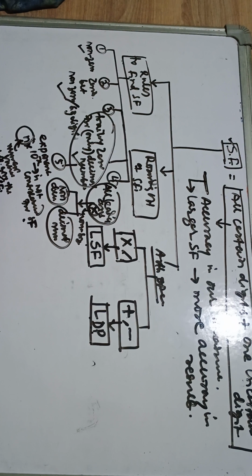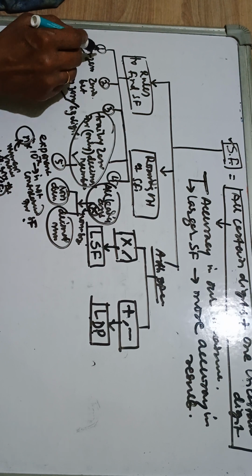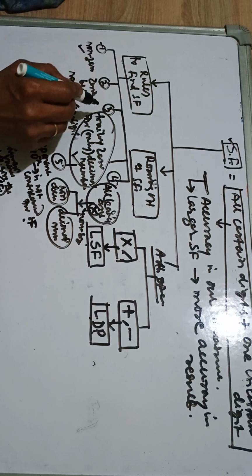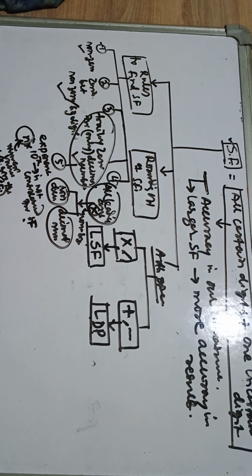For this number we will find the significant figure of n, and that will be the significant figure for that number. We have rules 2, 3, 4, 5.